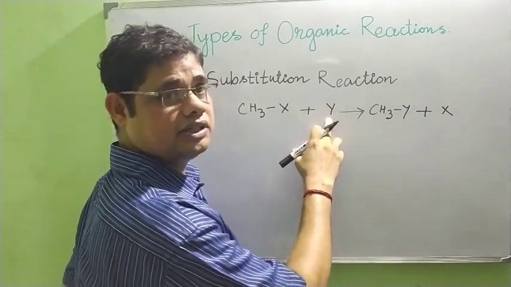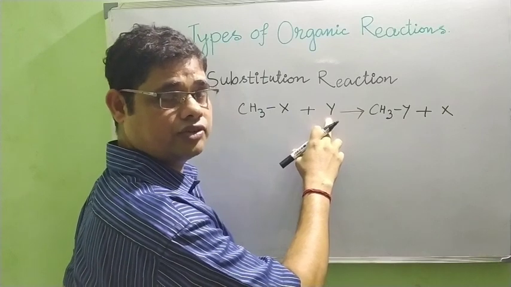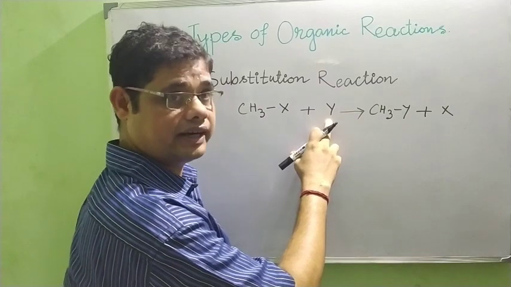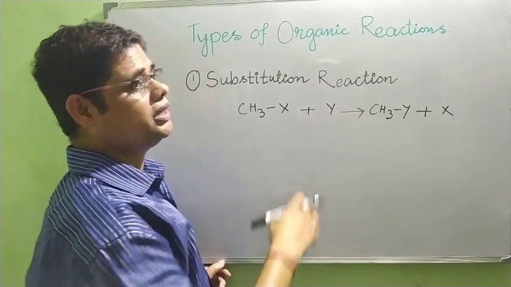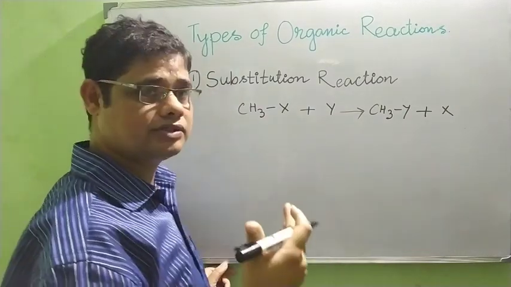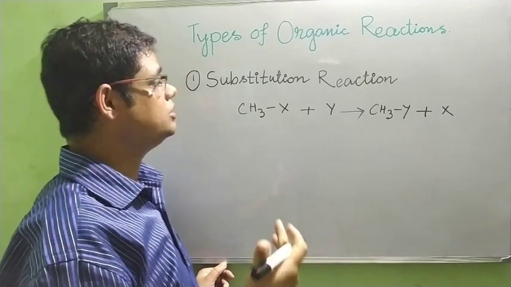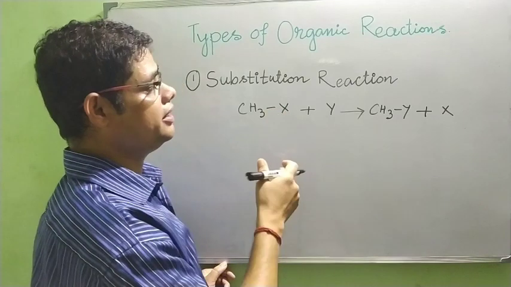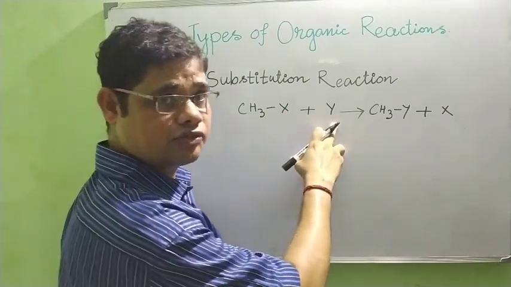The attacking species may be an electrophile or a nucleophile or a free radical. So here we get a further classification of substitution reaction: electrophilic substitution, where the attacking species is electrophile.